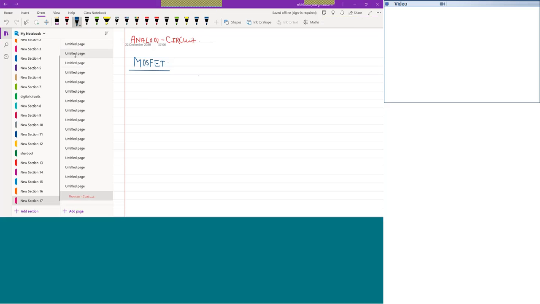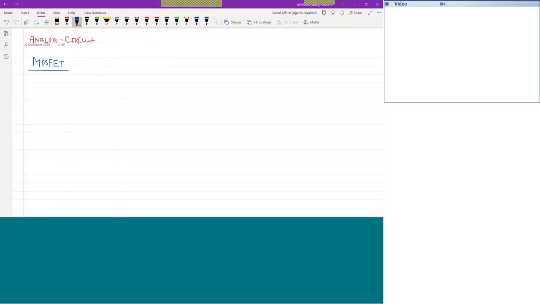So there are two types of MOSFET. The one MOS is known as NMOS and second one is PMOS.